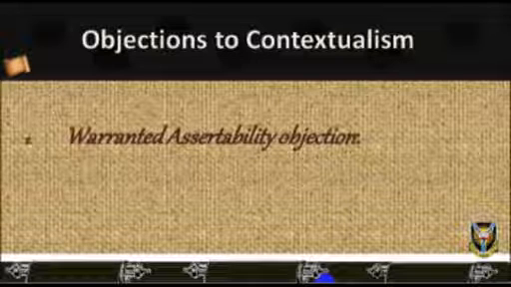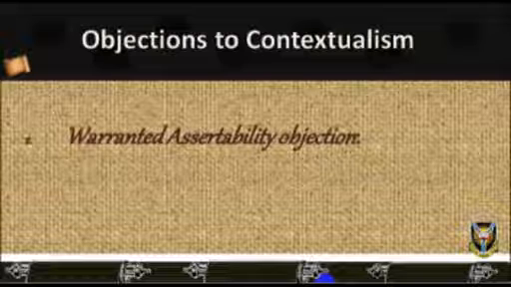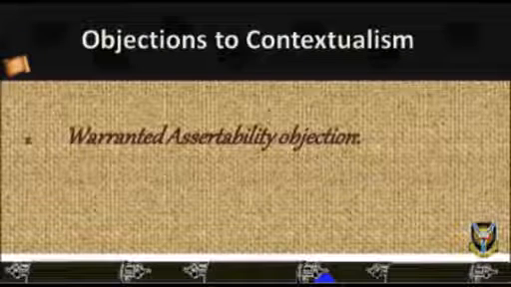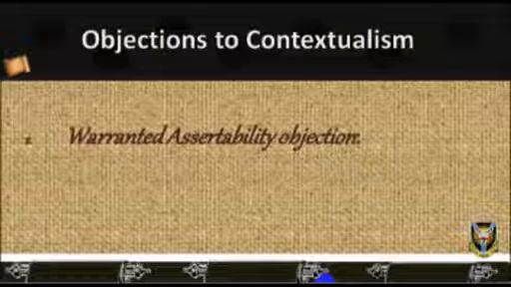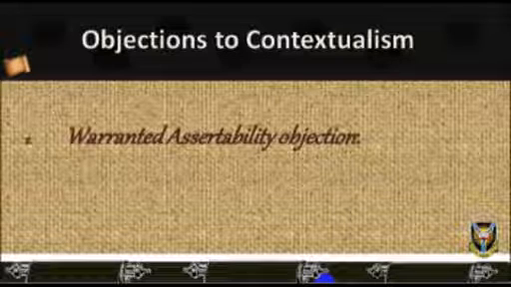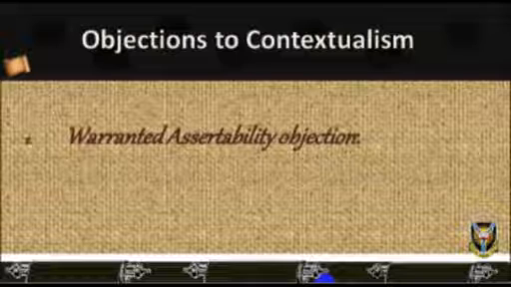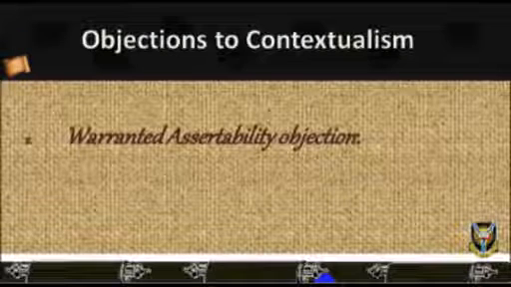The contextualist will appeal to pairs of cases where the standards of knowledge seem to vary. Low standards cases in which a speaker seems truthfully to ascribe knowledge to a subject will be paired with high standards cases in which another speaker, in a quite different and more demanding context, seems truthfully to describe that same subject as a non-knower.